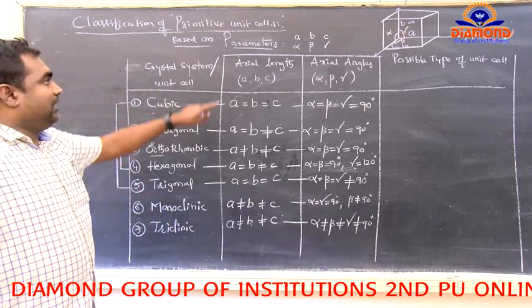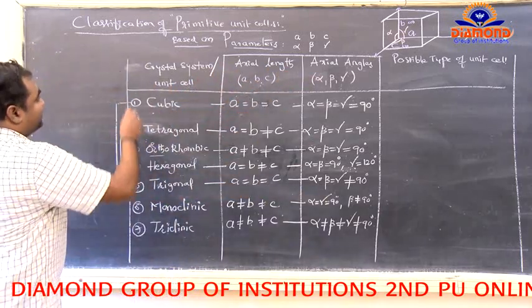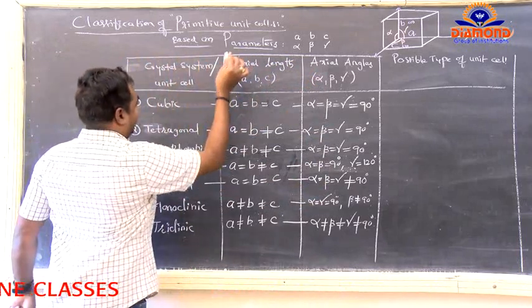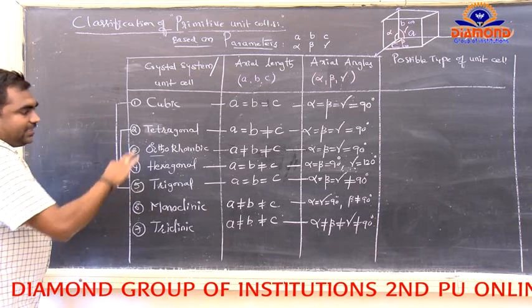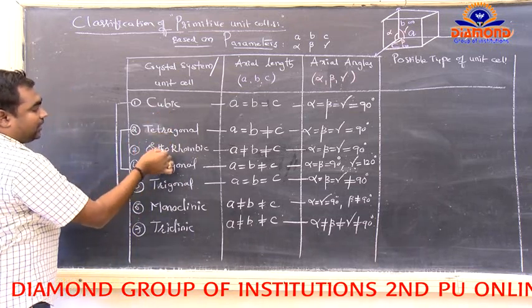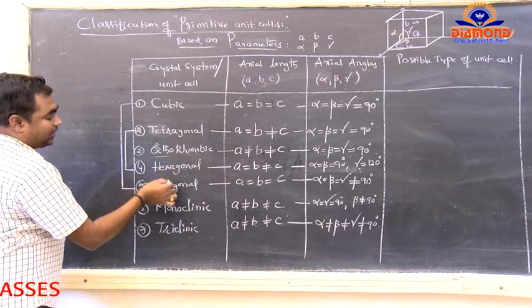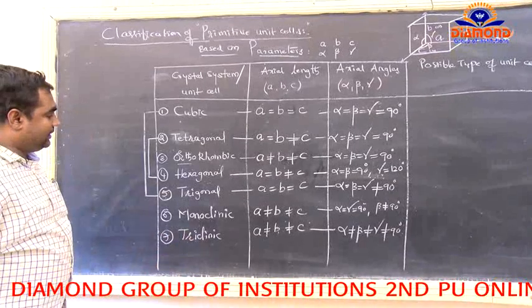That covers the axial lengths and axial angles for the seven kinds of crystal systems, or unit cells. Remember this, it is a simple thing. First cubic, tetragonal, orthorhombic, hexagonal, trigonal, monoclinic, and triclinic.